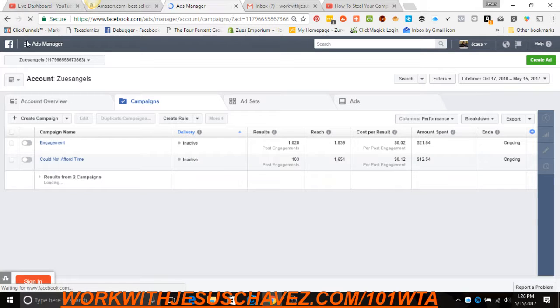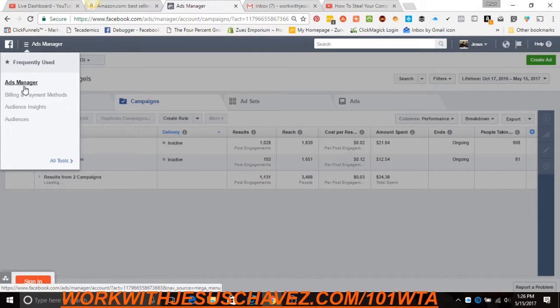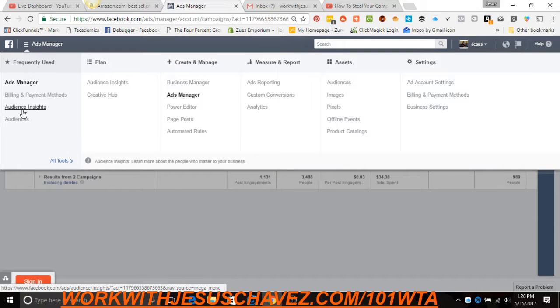Okay, and you see this little three lines there. You're gonna go there. If you don't see it here, as you can see, these are some of my frequently used tools here. So I have the Ad Manager, Billing, Audience, and Audience Insights. So if you don't see it there, go to All Tools, Plans, Audience Insights.